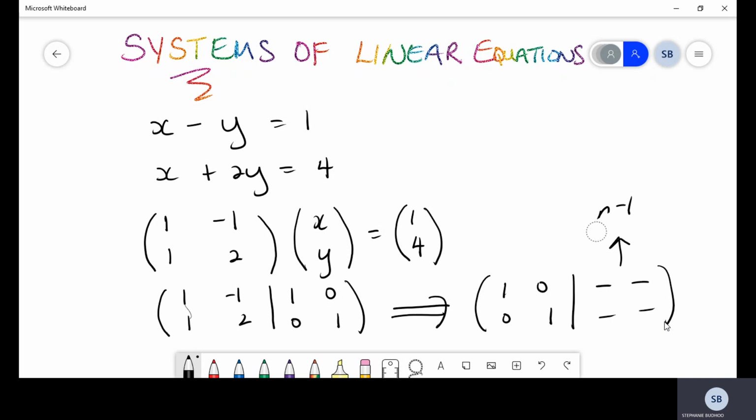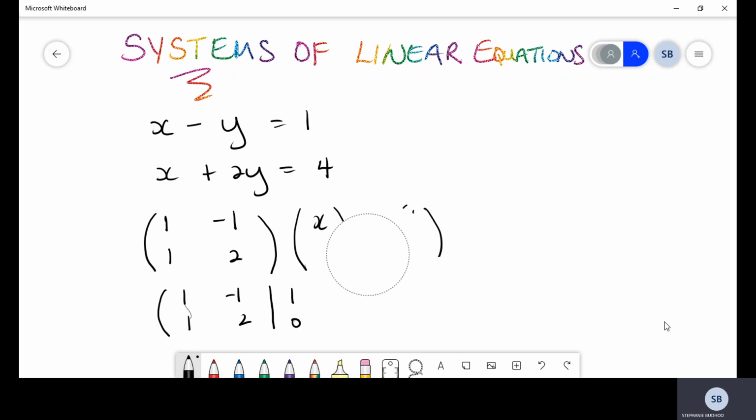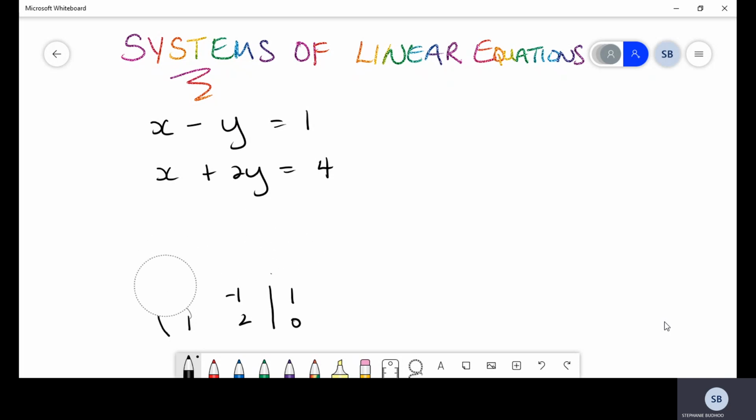Now, what I want to focus on today are the types of solutions you are going to encounter, and what they mean, during the process of row reduction to echelon form or finding the inverse of a matrix.